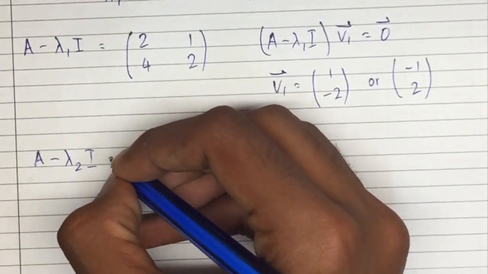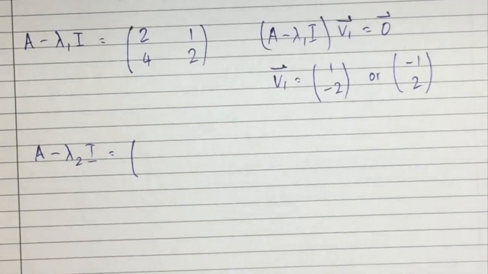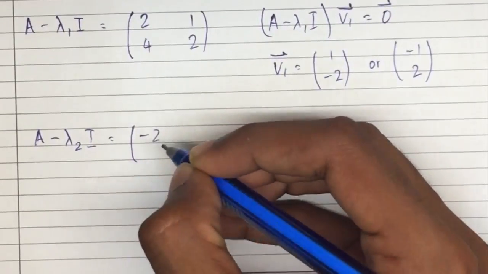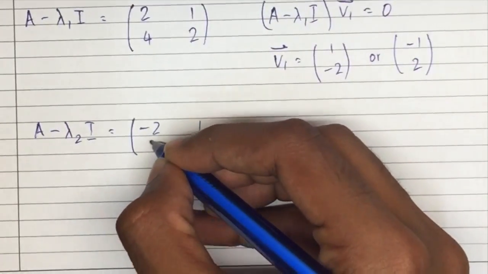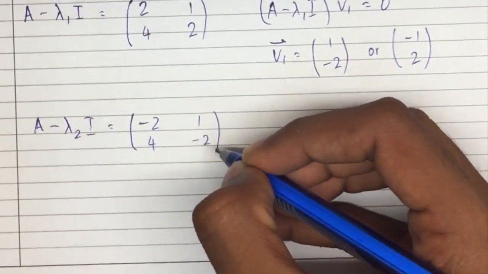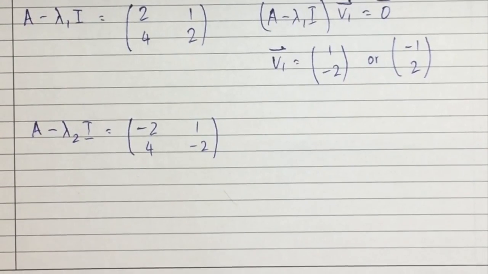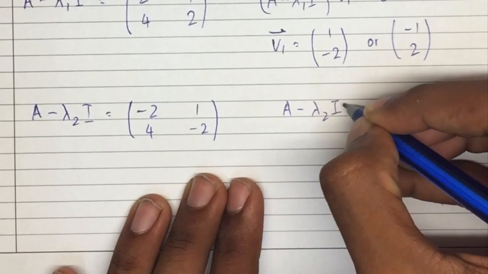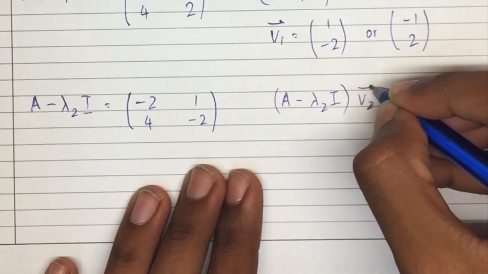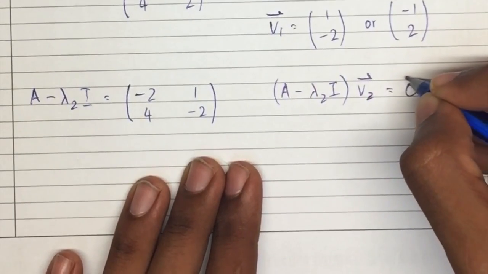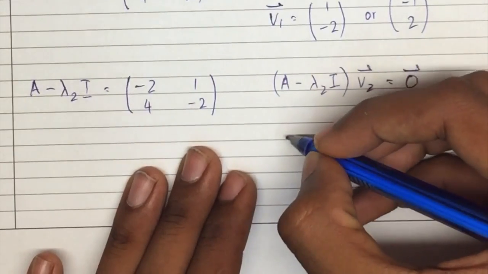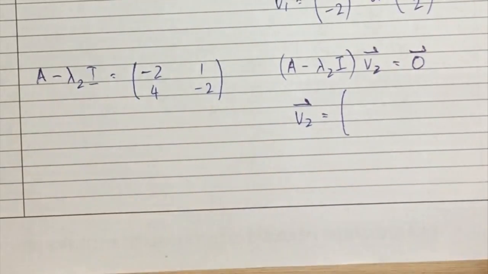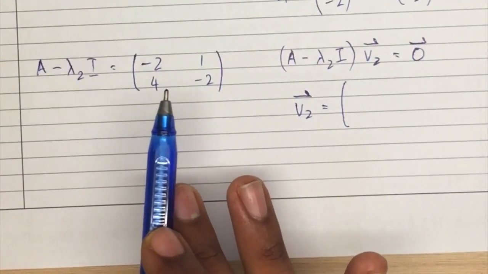And if you look at it, 1 minus 3 would be -2, 1, 4, and -2, right? So again, A minus lambda 2 I times my second eigenvector, the corresponding one, has to give me the 0 vector.